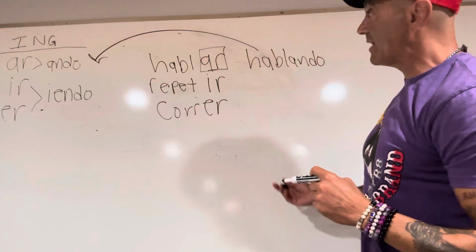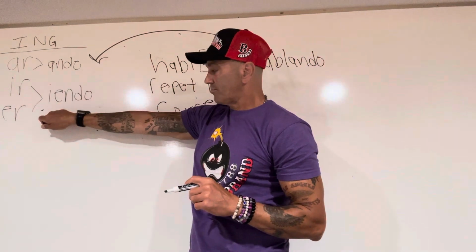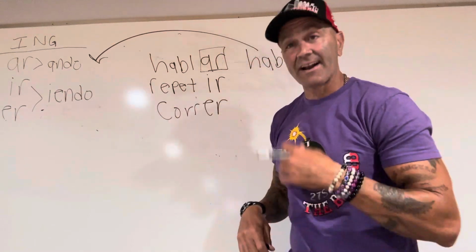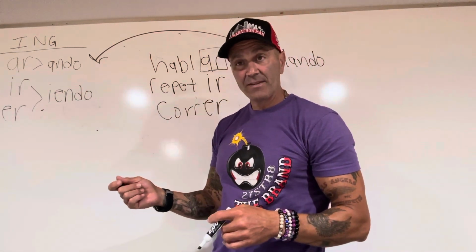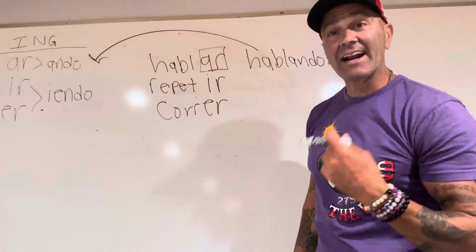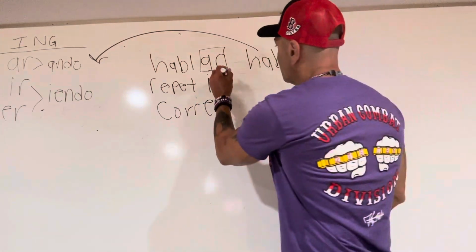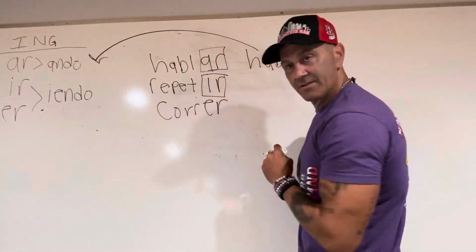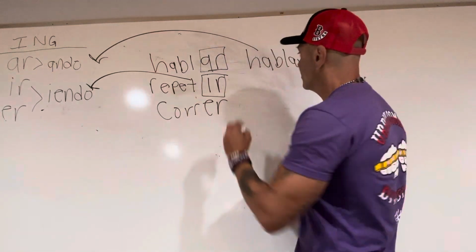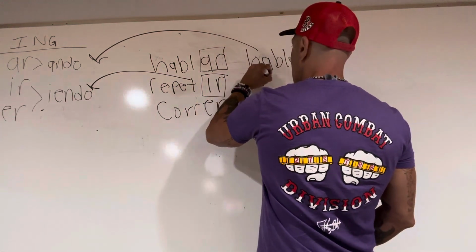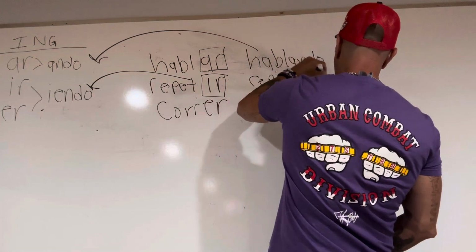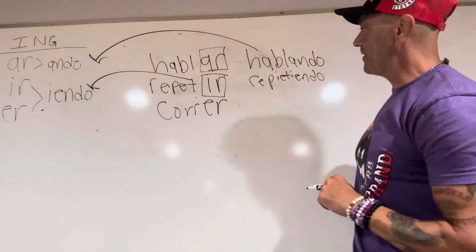Now, along those same lines, IR, ER verbs turn to yendo. So to repeat is repetir, right? How would you say repeating in Spanish? Repitiendo. Because we took the IR off and added yendo, right? So it's repitiendo. That's repeating in Spanish, right?